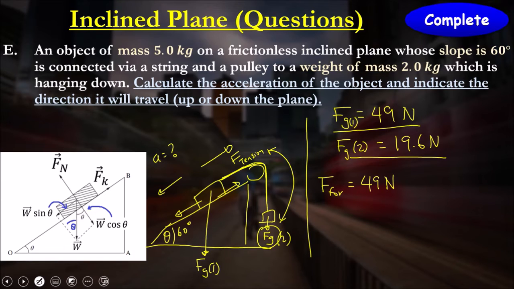So the sine component forwards is equal to 49 times sine 60, so we have 42.434 newtons.